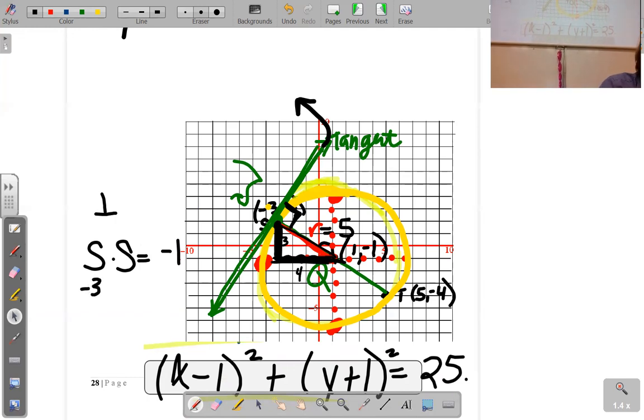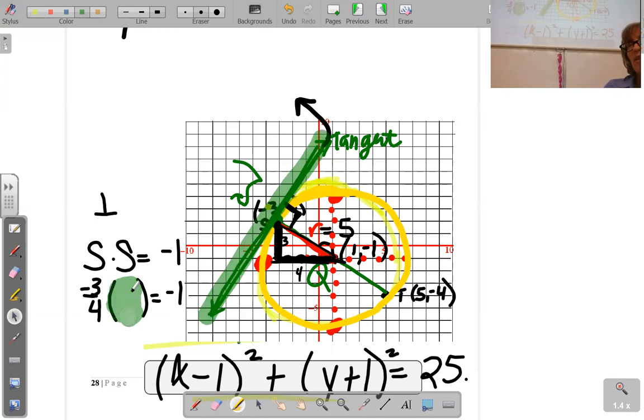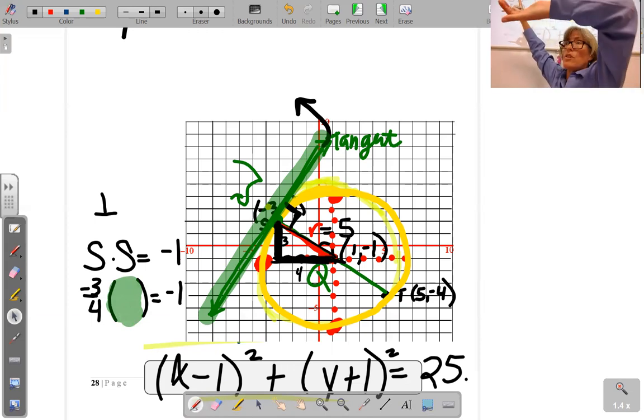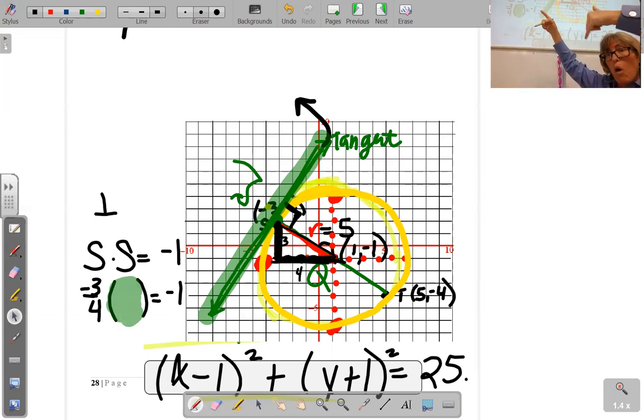I have -3/4 as one slope. I want to find the slope of the green line. So -3/4 times what gets you -1? What do you do to the 3/4?